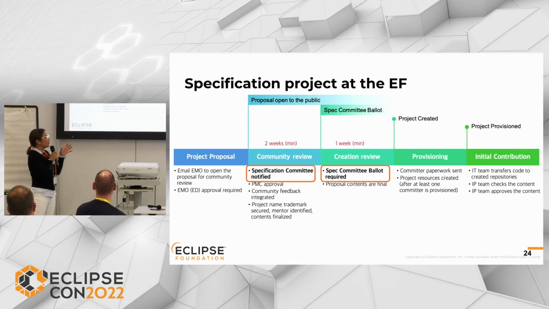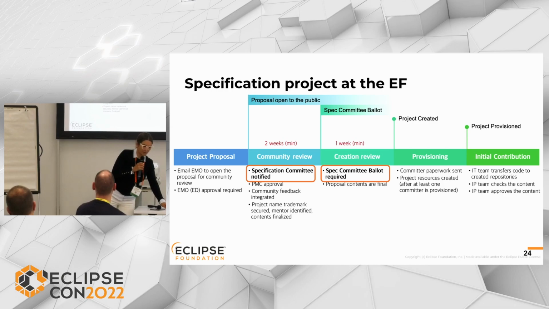And during the creation review, we have to wait for this ballot result that the specification committee actually approves the creation of the project. So there is an important part there that is not just EMO and PMC, but it also includes the specification committee.